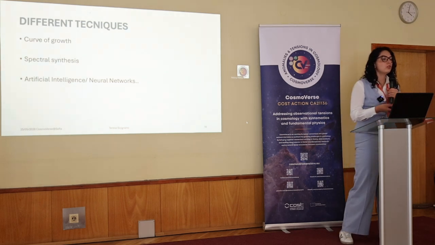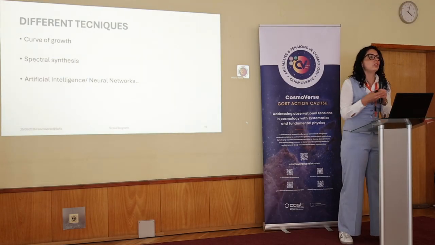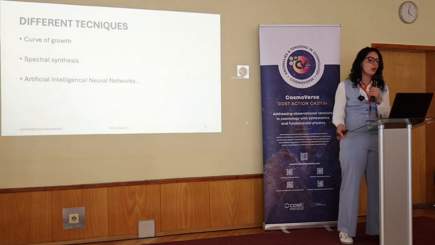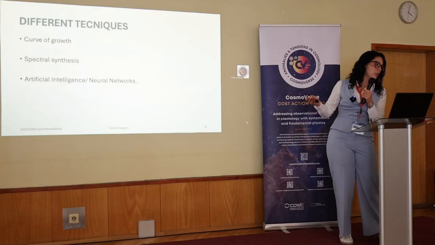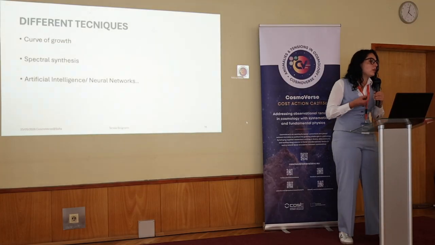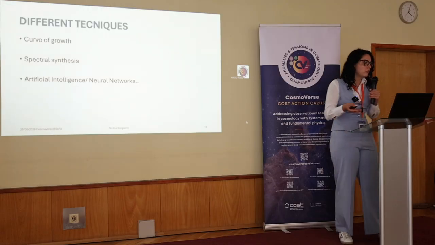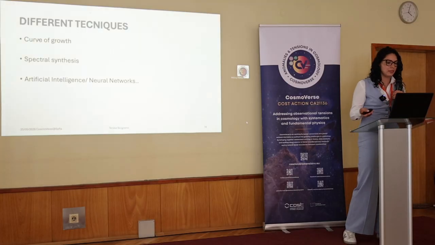But for sure, the way people are trying to use neural networks will be more useful in the future, when we will have an amount of spectra to analyze from different facilities, and there will be no more people and no more time to do all this work one by one. So it's also good if we try to implement this way.